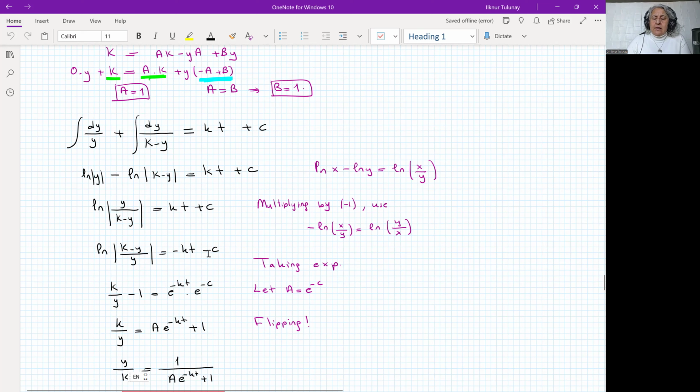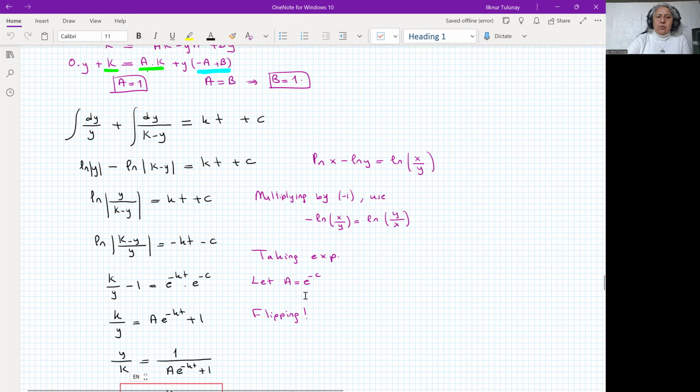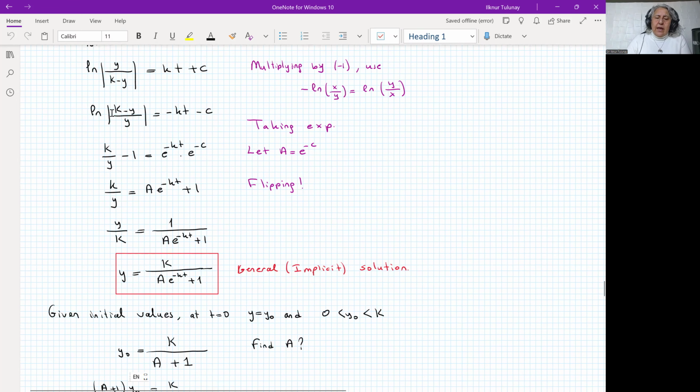Why am I doing this? Because the aim is to find an equation like y is equal to something. When I do that, if you take the exponential function on both sides, we will have k minus y over y, which is just k over y minus 1, and we have exponential of minus kt minus c.